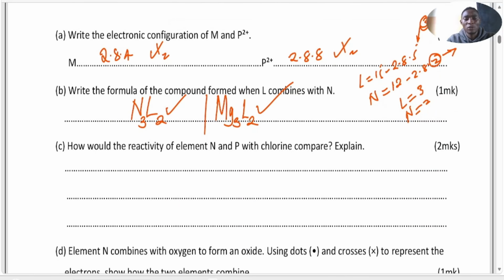Moving to the next question, how would the reactivity of element N and P with chlorine compare?